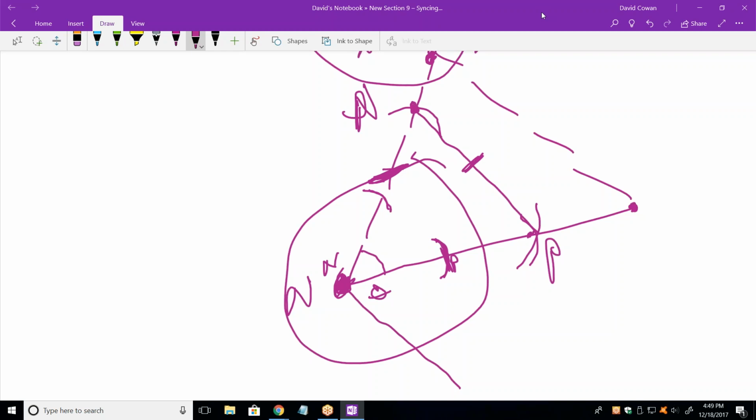You're measuring from here to here, and then you're just making equal distances. So that distance is the same as that distance. Now, this is where you go to each of these secondary points here.